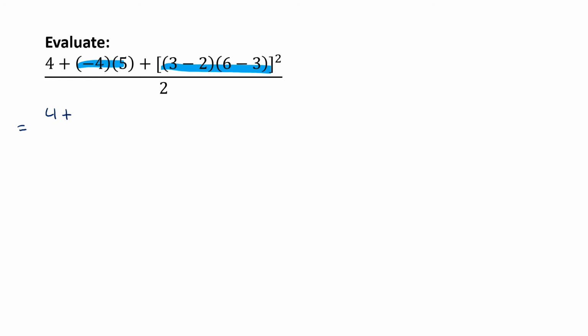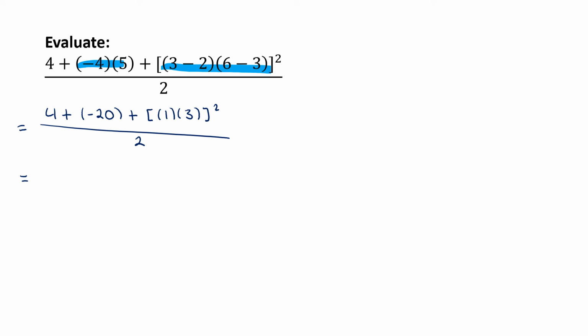So this is equal to 4 plus negative 4 times 5, which is equal to negative 20, plus, now the small brackets: 3 minus 2, which is equal to 1, and 6 minus 3, which is equal to 3. And we leave this the same, and this is still over 2.